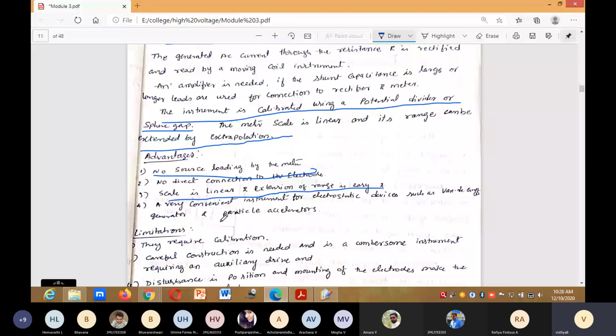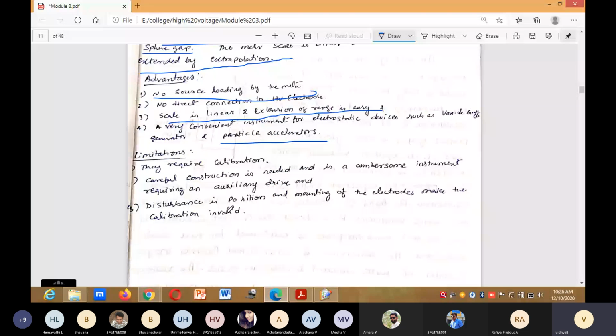Limitations: they require calibration, careful construction is needed, and it is a cumbersome instrument requiring an auxiliary drive, and disturbance in the position and mounting of the electrodes makes the calibration invalid.